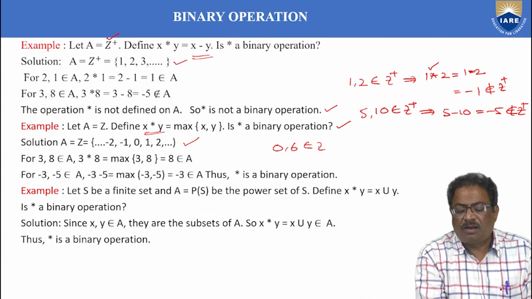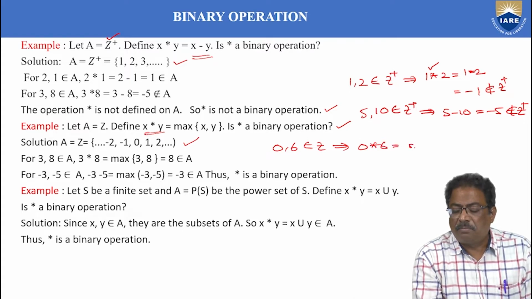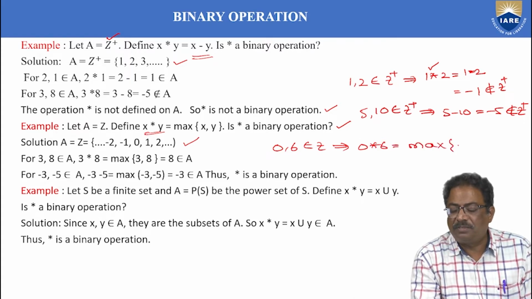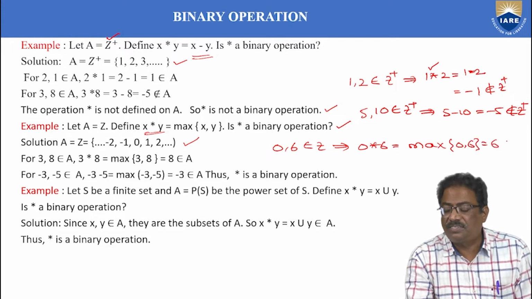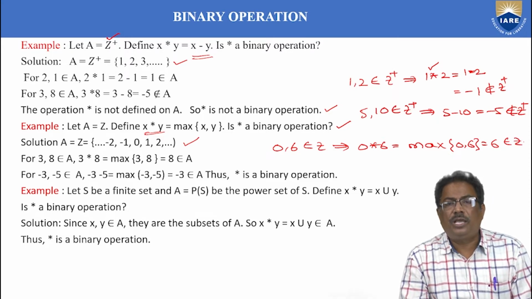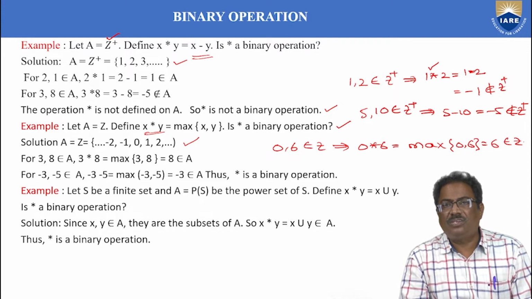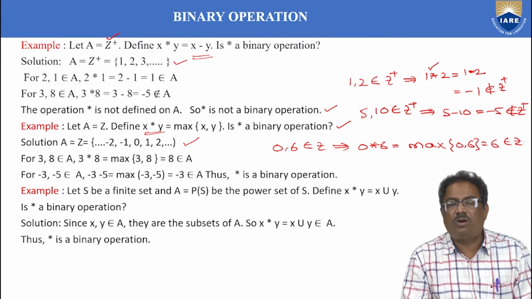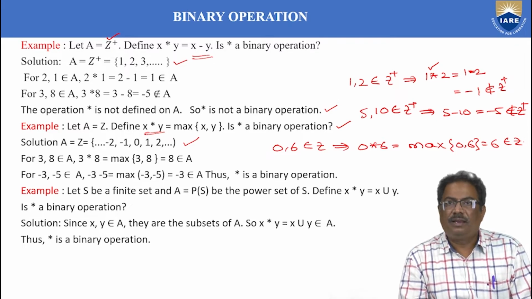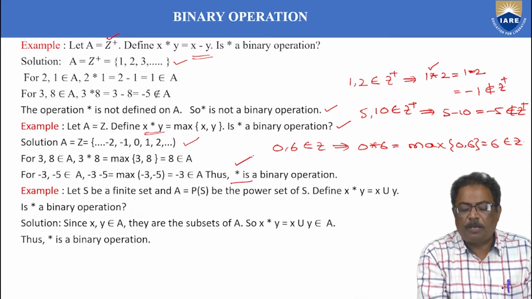These elements are from the set Z, and I am saying that 0 star 6 is nothing but the maximum element of 0, 6, which is 6, which belongs to Z. Anyhow we have to consider two elements from the given set, and the relation is nothing but the maximum value among those two. Definitely it is an integer. So here star is a binary operation.